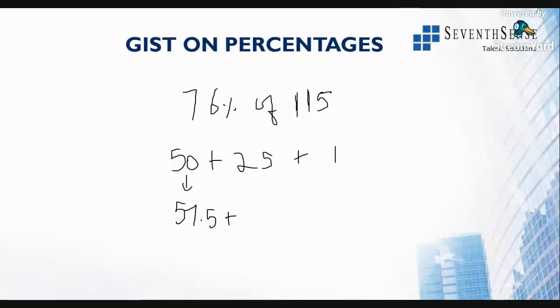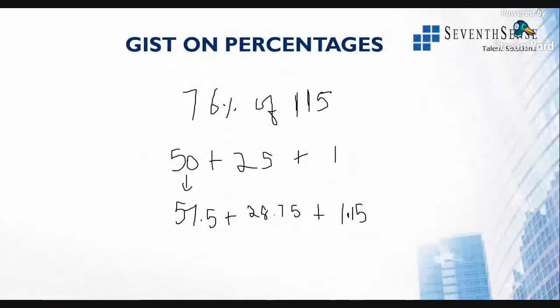So 25 plus 57 and 1.5 can be taken. 56 is 28. 1.5 by 2 is 0.75. So it is 28.75. Plus, you will get the answers when you're doing it in mind. All right. So then what is 1%? 10% is 11.5. 1% is 1.15. All right. Now you just add it.